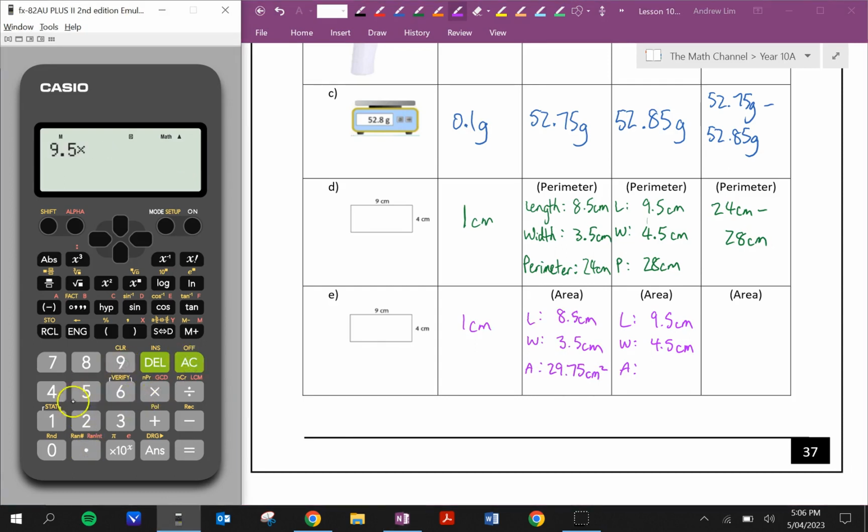Or the largest would be 9.5 times 4.5, 42.75. So, even though when we look at this question we say the area of the rectangle is 36 centimeters squared, in reality, it's somewhere between 29.75 and 42.75.